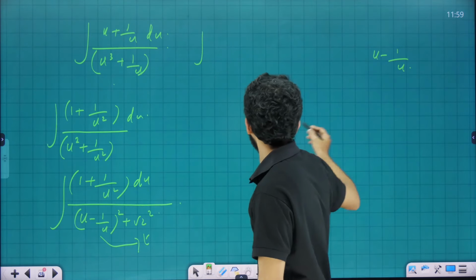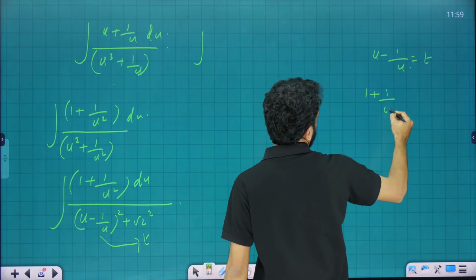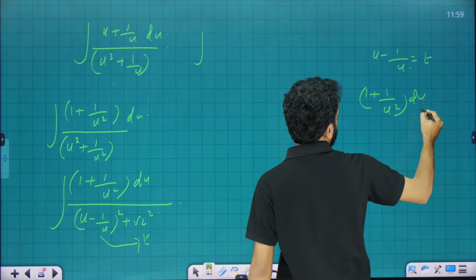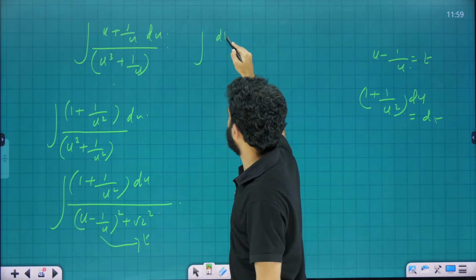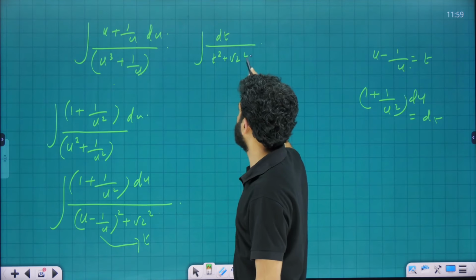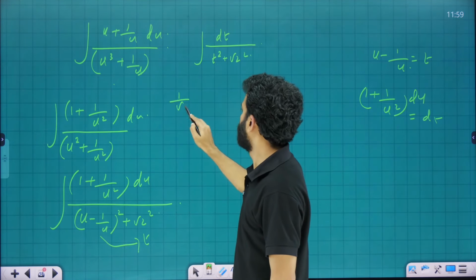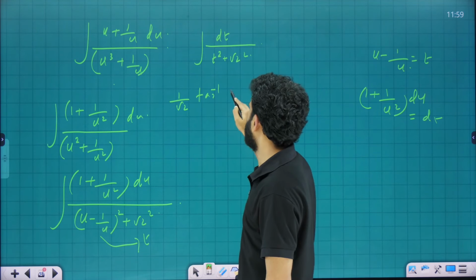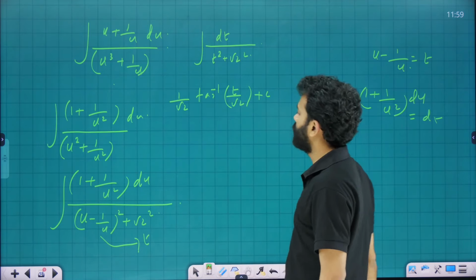Therefore (1 plus 1 by u square) into du will be equal to dt. Substitute that here and you will get the integral of dt divided by (t square plus root 2 square). And what is the integral of that, the direct integral? It will be 1 by root 2 into tan inverse of t by root 2 plus c. Okay. And what is the value of t?